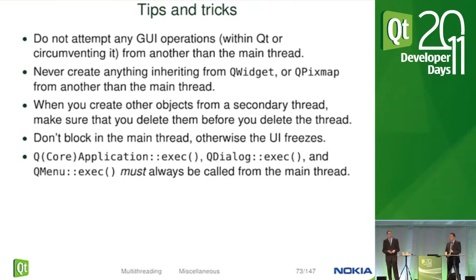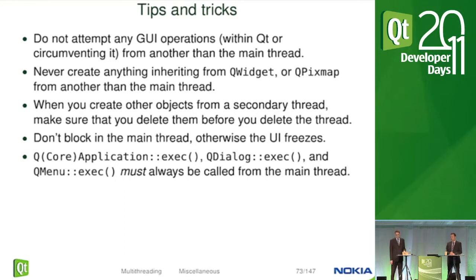That might be different in a thread, because you might create and destroy threads multiple times in your application, and if you don't clean up everything you created in that thread, it will actually be a real memory leak. So either create stuff on the stack in run, or delete it when you leave that method, or use a smart pointer for that.